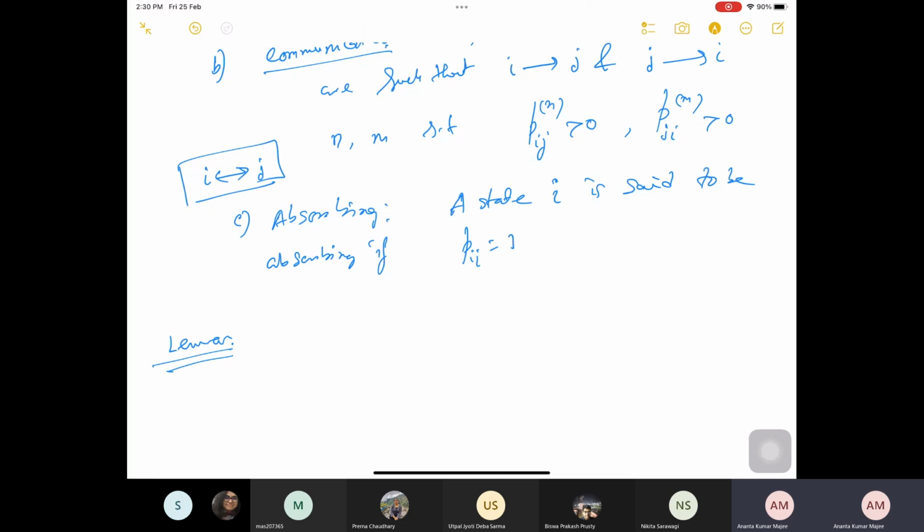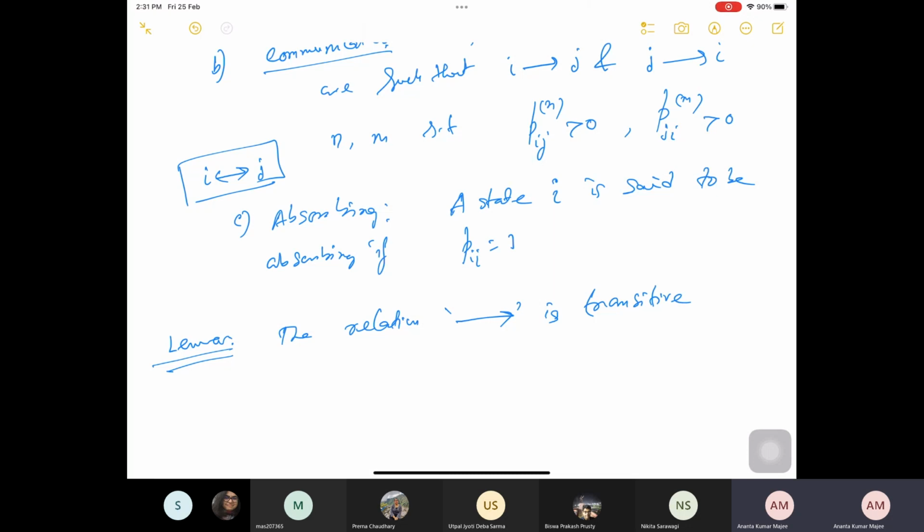I am not going to prove it. It is nothing else, actually. The relation is transitive. You can expect this because of your Chapman-Kolmogorov equation.